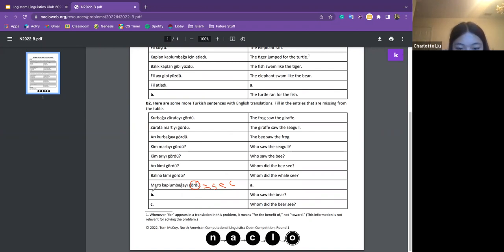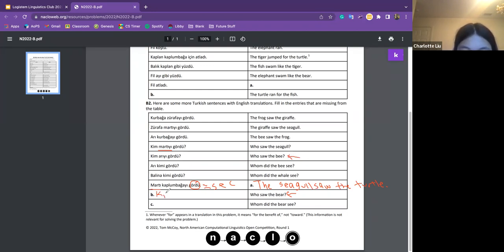So this is the seagull saw the turtle. And then here, who saw the bear? This is pretty much the same format as this one.